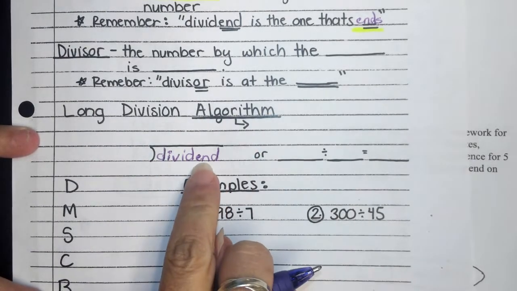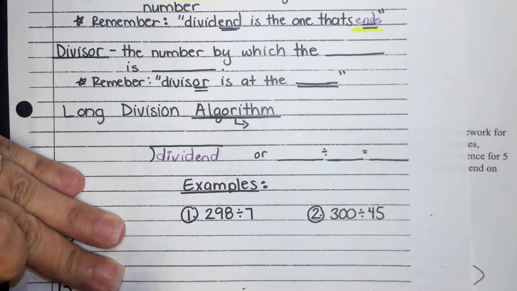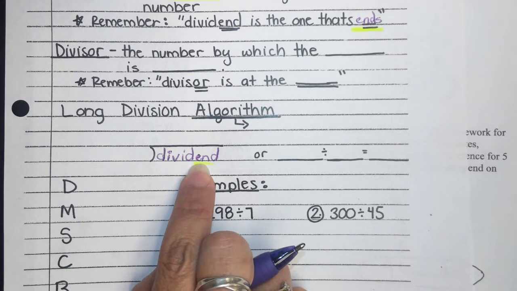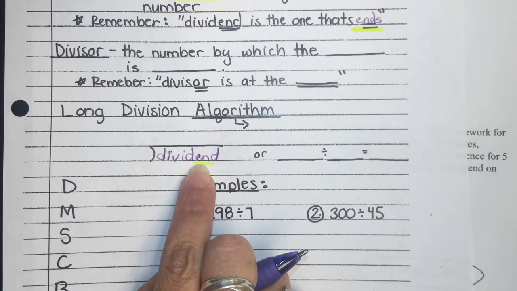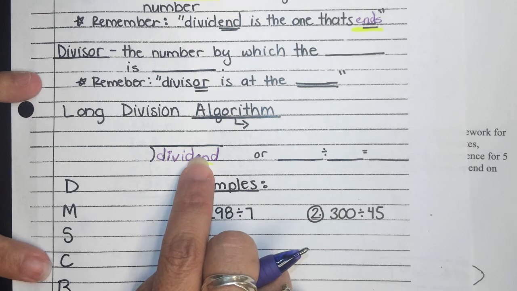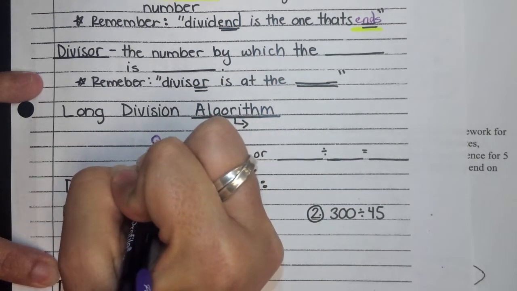So the way this sheet is saying it is that the dividend is at the end of the problem. I always thought of E-N like I-N, like it's in the house. I don't know, that's just the way I've always remembered it. The dividend is in the house. The answer is the quotient.